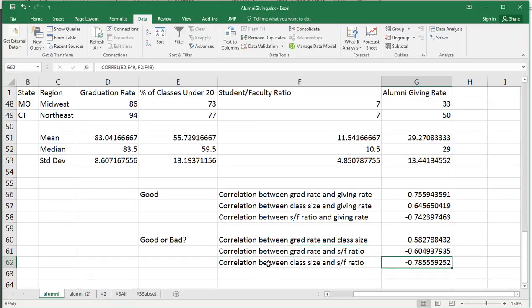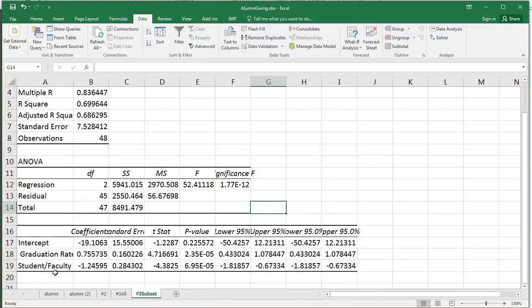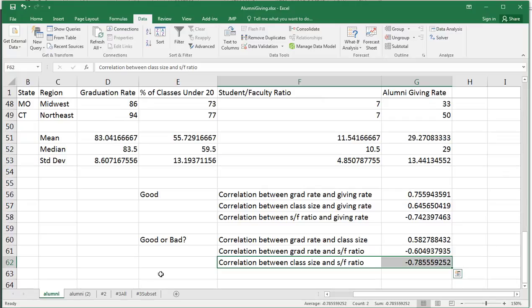So really, this right here tells me I should not include both class size and student faculty ratio. It's the strongest correlation between independent variables, so we should probably leave those out. And we saw that when we put them all in, we took one of them out. Now, what would be interesting is that for this subset we did graduation rate and student faculty ratio. It would also be interesting to look at just graduation rate and class size and see if the adjusted R squared does anything different.